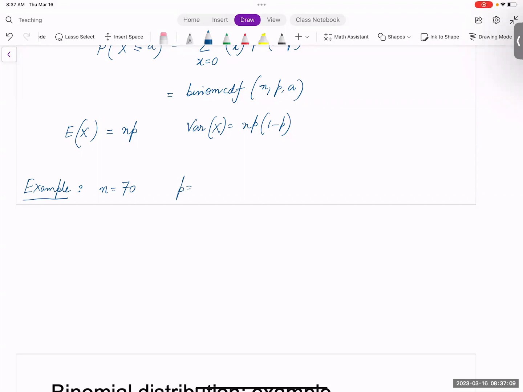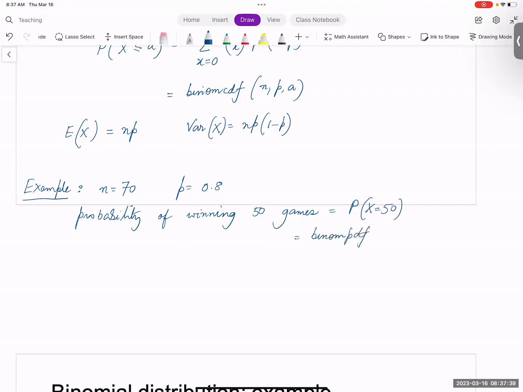Let's say the probability of success in one game is 0.8, of course, because it's your favorite team. And then we're interested in the probability of winning 50 games. This is just the probability x equals 50, and you can do a binompdf.